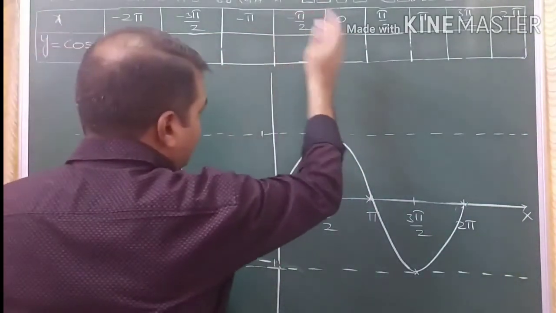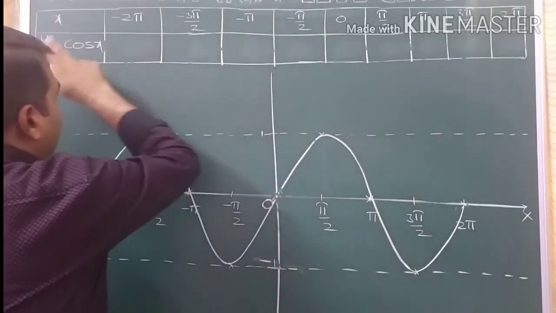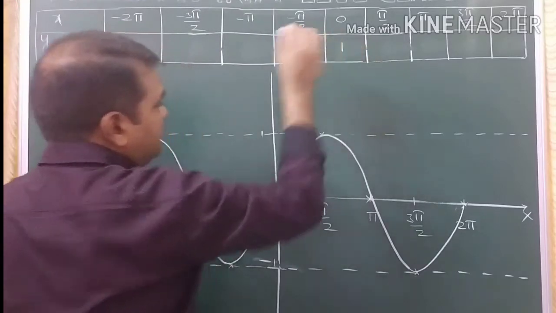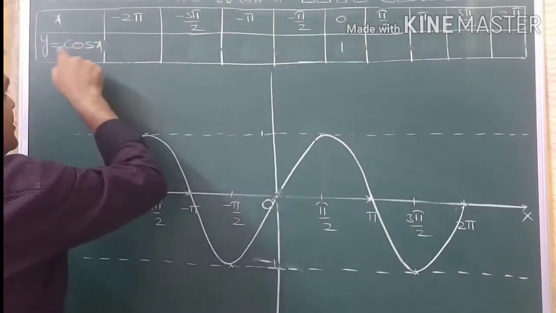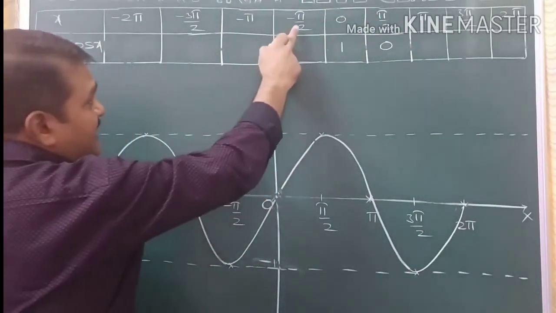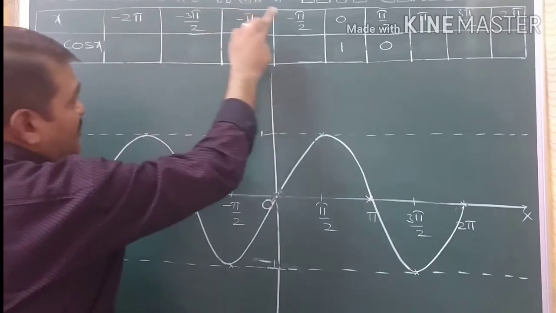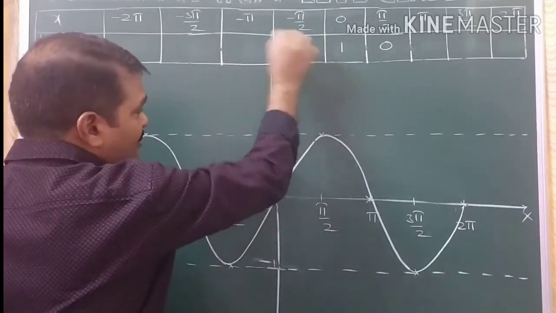Let us start from 0. For x is equal to 0, y is cos 0, which is 1. For x is equal to pi by 2, y is cos pi by 2, which is 0. For x is equal to minus pi by 2, what is cos of minus pi by 2? That is also 0.